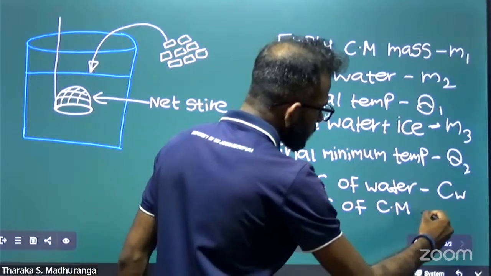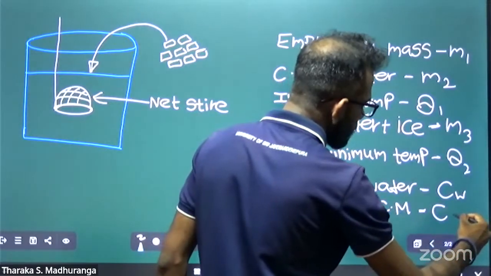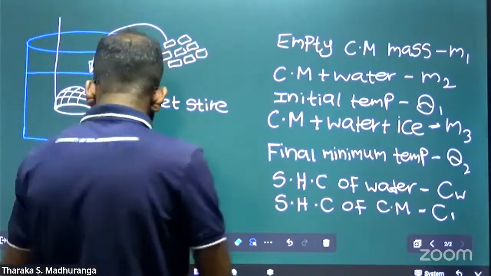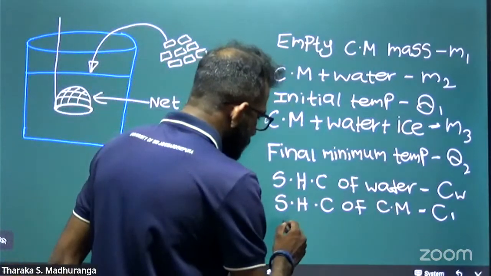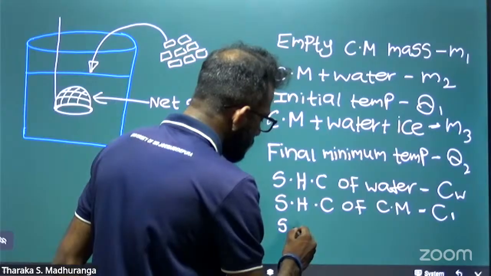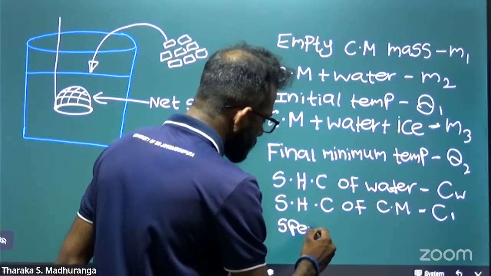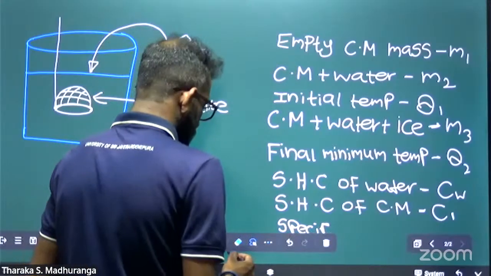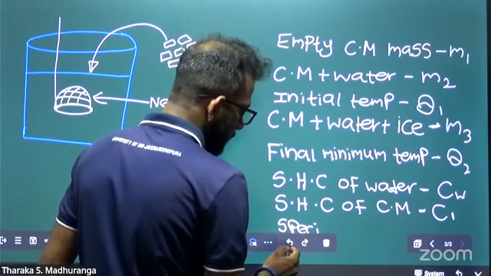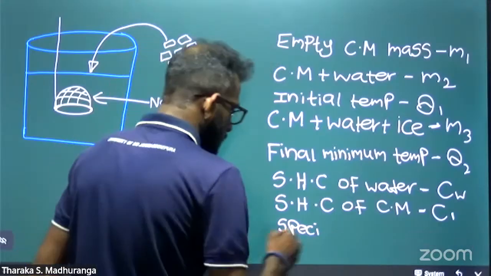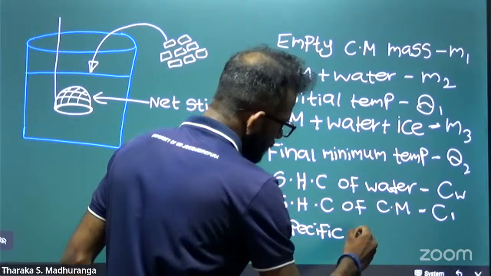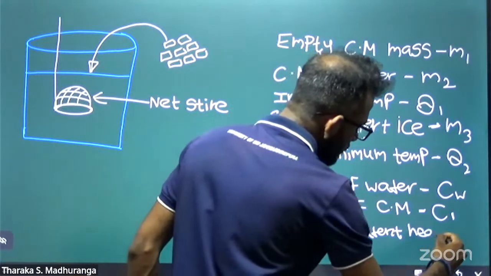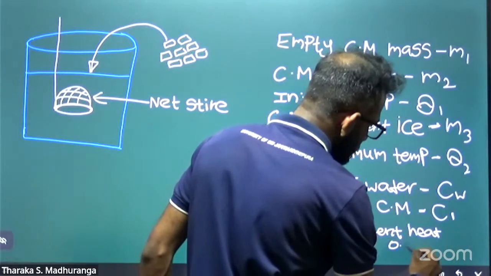The next is the specific heat capacity of the calorimeter, C1 or whatever symbol. Finally, our required data, the specific latent heat of ice.